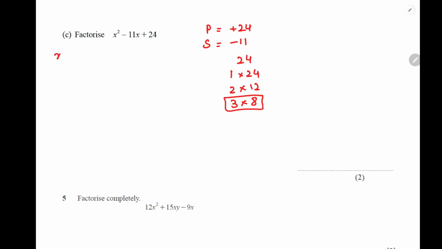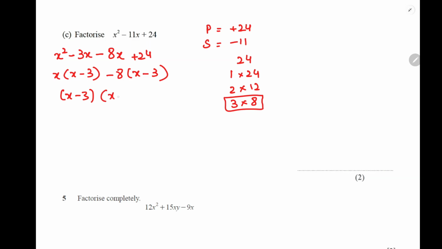The first term and the last term would be the same. This would be negative 3x and negative 8x. Now factorization by grouping: x negative 3, negative 8, x negative 3, then x negative 3 and x negative 8. This would be my answer.